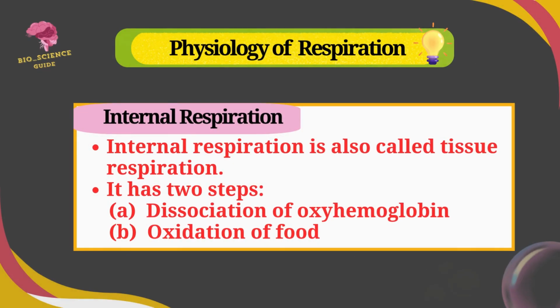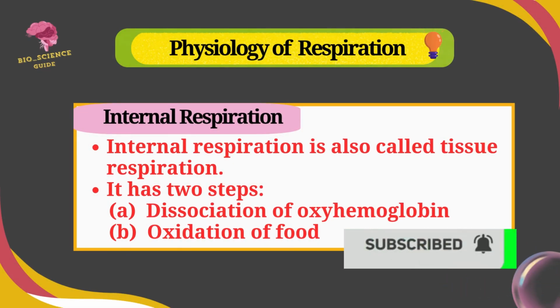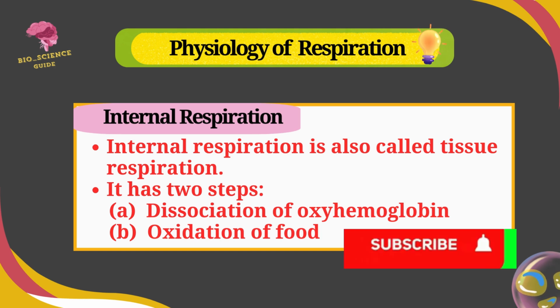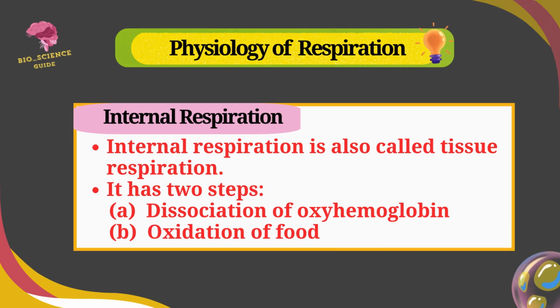In internal respiration, the respiration takes place in the tissue, so it is called tissue respiration. It occurs in 2 steps: dissociation of oxyhemoglobin and oxidation of food particles.